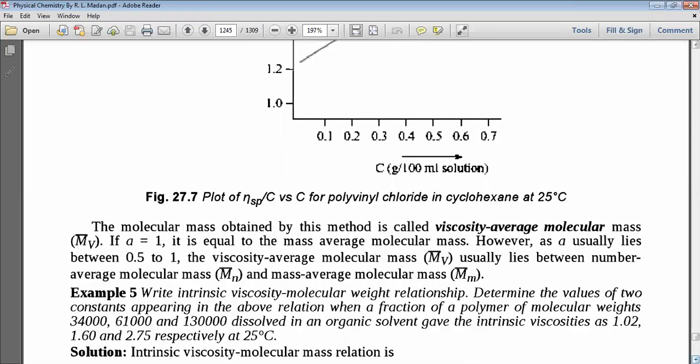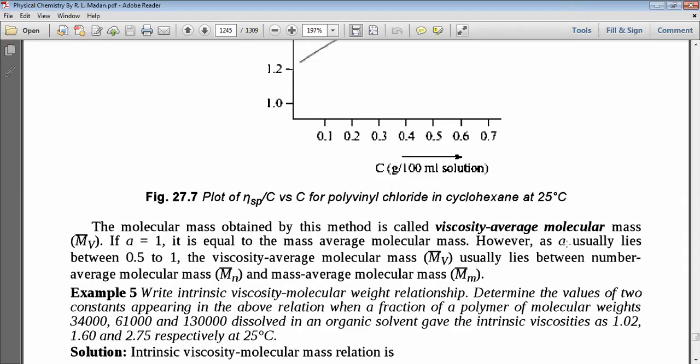The molecular mass obtained by this method is called the viscosity average molecular mass, that is M v bar. If a equal to 1, then it is equal to the mass average molecular mass.